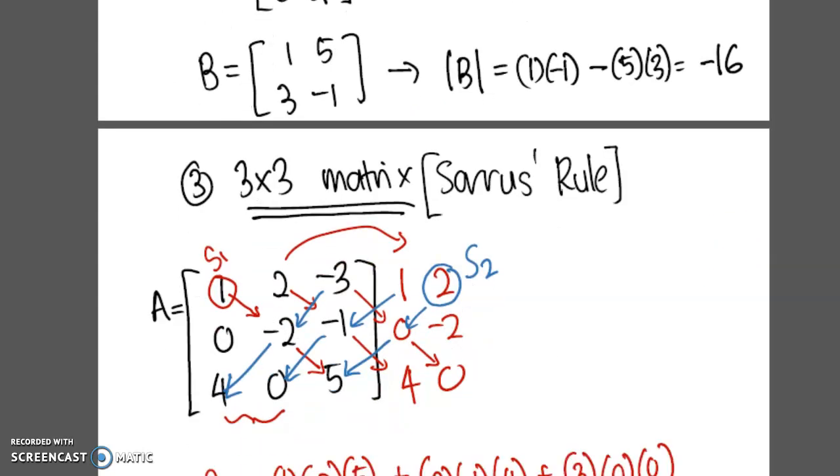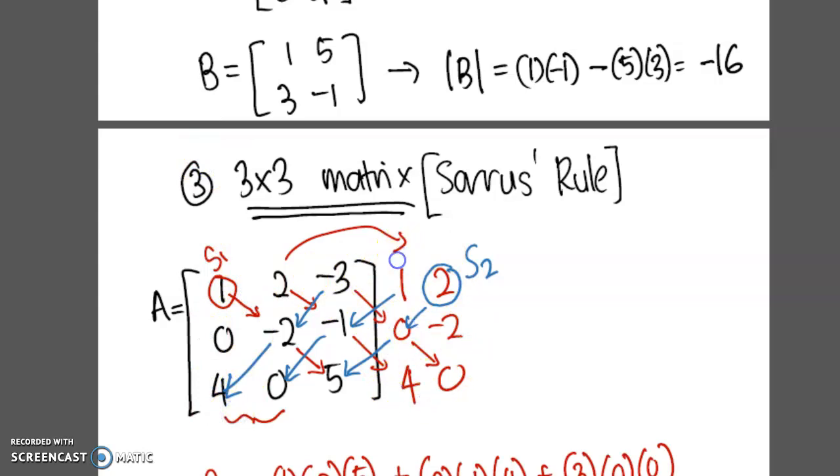Another one is special for 3 times 3 matrix. This is called Sarrus' Rule. Quite complicated here. So what does Sarrus' Rule mean? First, the matrix in black pen here is the original matrix. Then what you do is copy the first column and second column at the back.